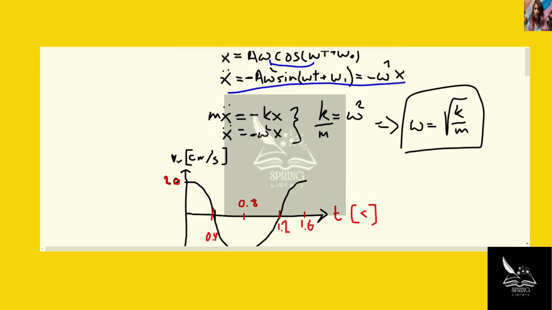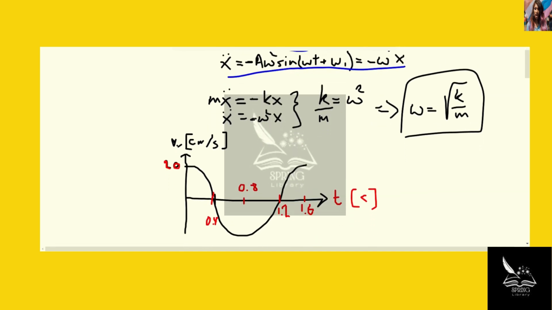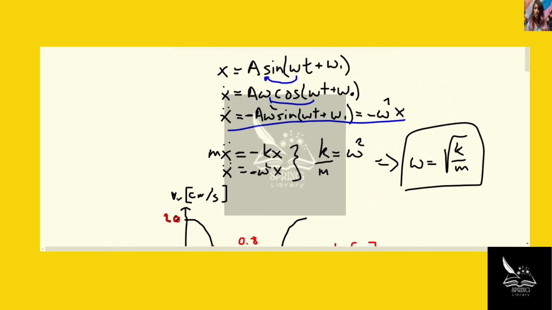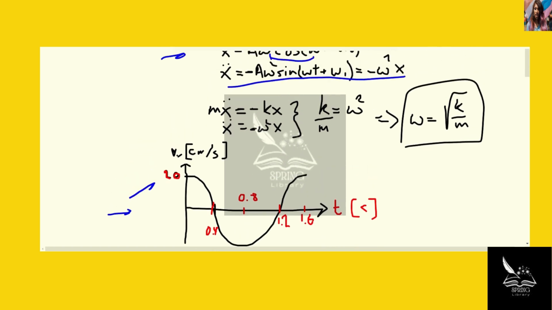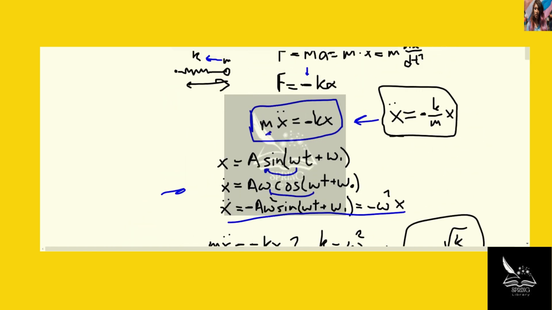Also, we can see from this function, if we compare it to our equation here, that cosine of 0 is 1. And here we started with cosine of 0. That means that this constant omega naught is actually equal to 0, so we can skip it in the future.